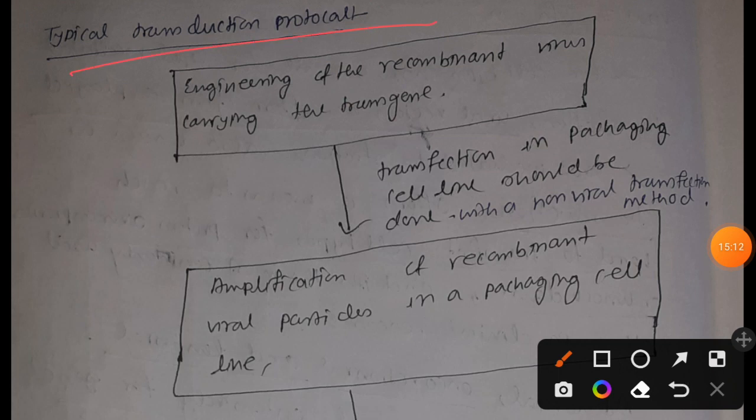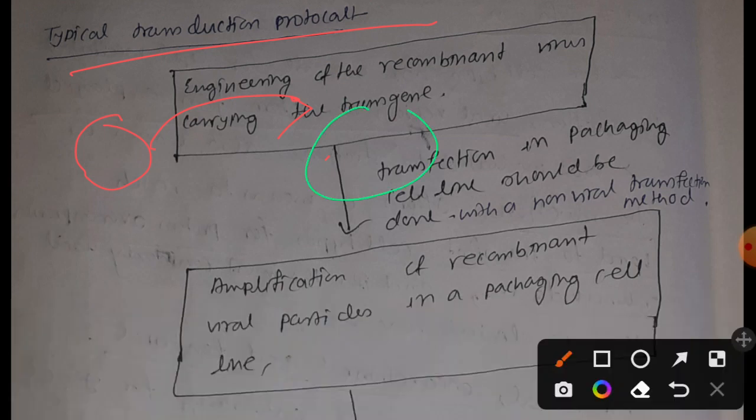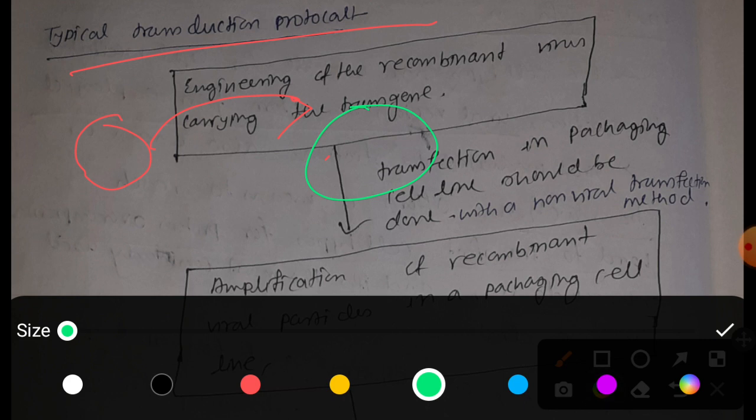So here is the typical transduction procedure: first of all, the virus will be genetically engineered carrying the transgene, then you will transfer them into a packaging cell line where they will amplify. After that you will isolate them again. After isolation you will purify them and titrate them, then you will transfect them into your desired cell types.